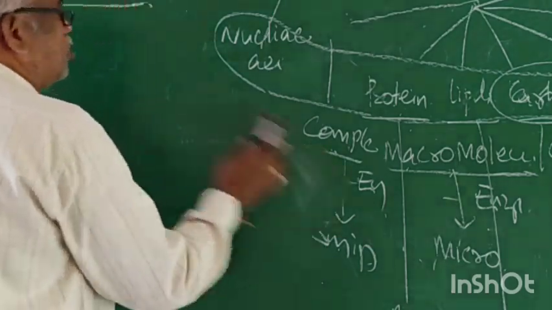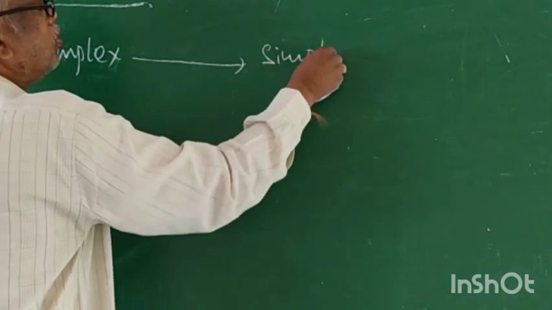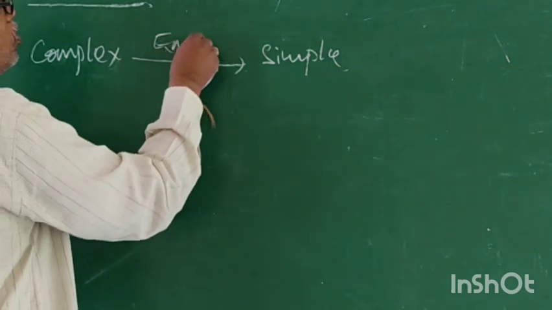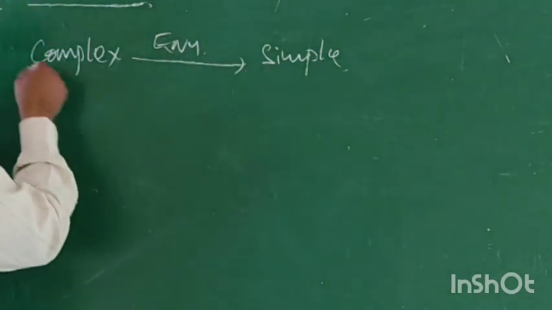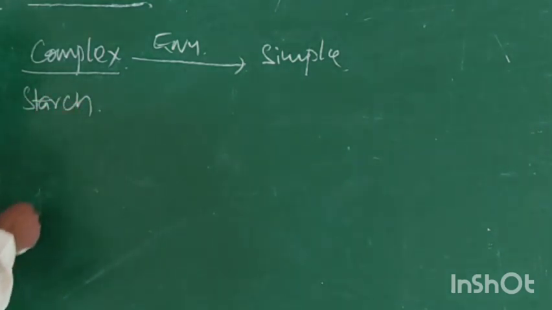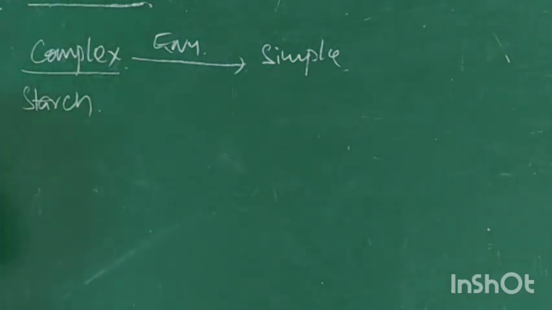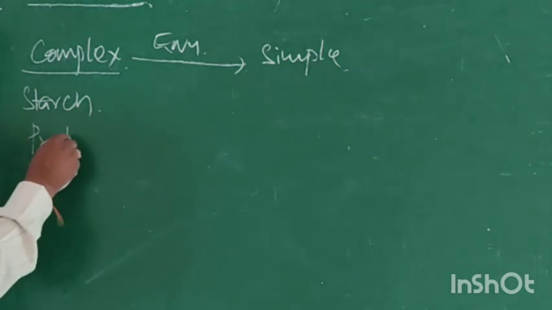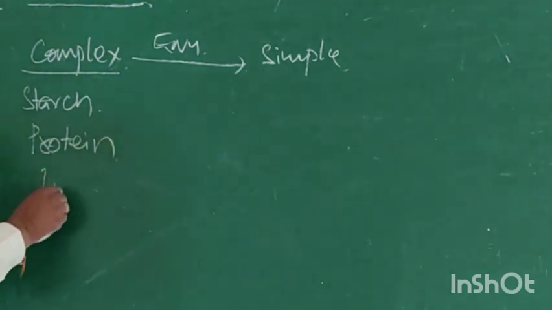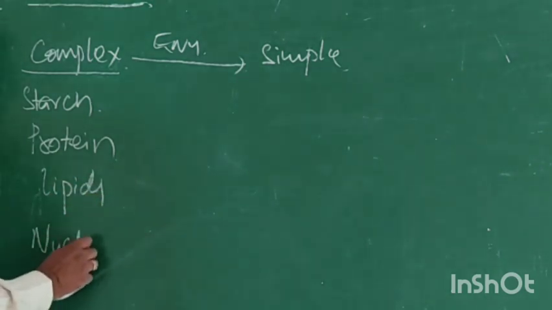Now just look at it. Complex changes into simple by enzymes. This is called digestion. Complex: starch, that is carbohydrates, proteins, lipids, nucleic acids.